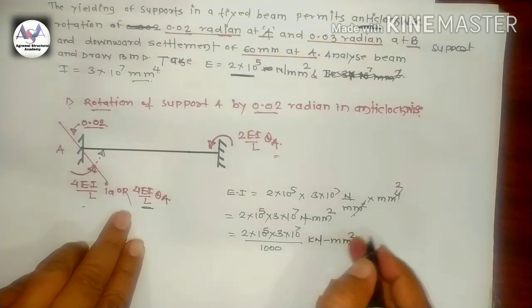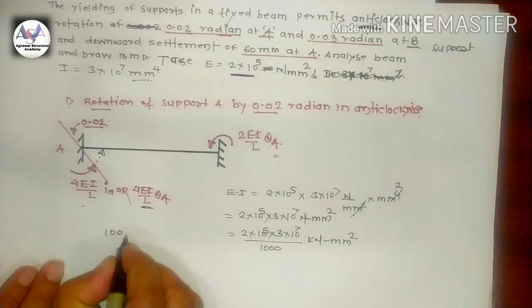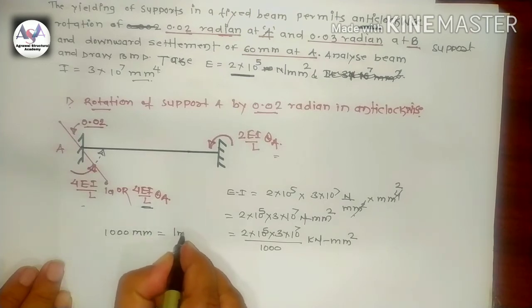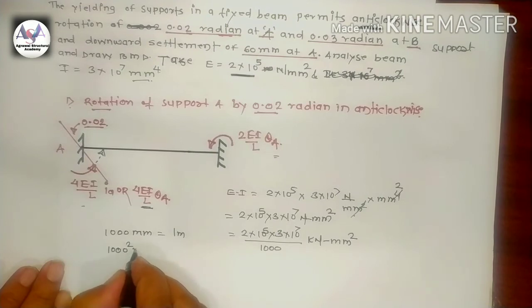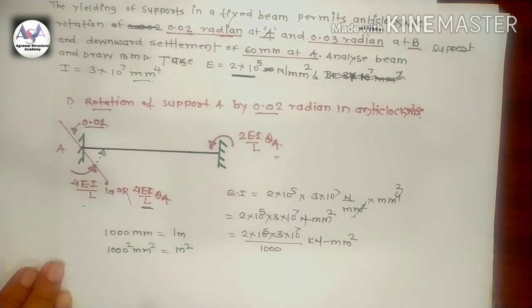Now we want to convert this mm square into meter square. We know 1000 mm is equal to 1 meter, so squaring both sides, 1000 square mm square is equal to meter square. So mm square is equal to meter square divided by 1000 square.